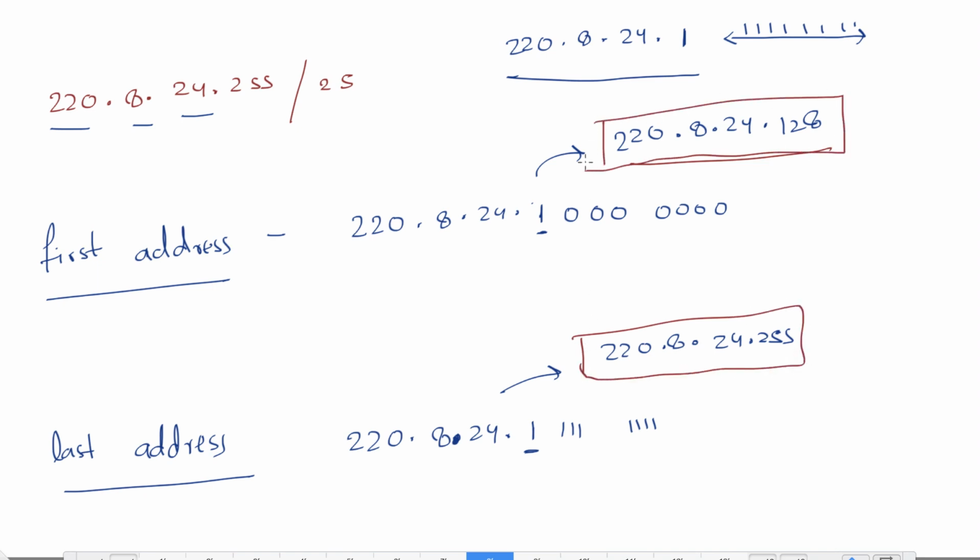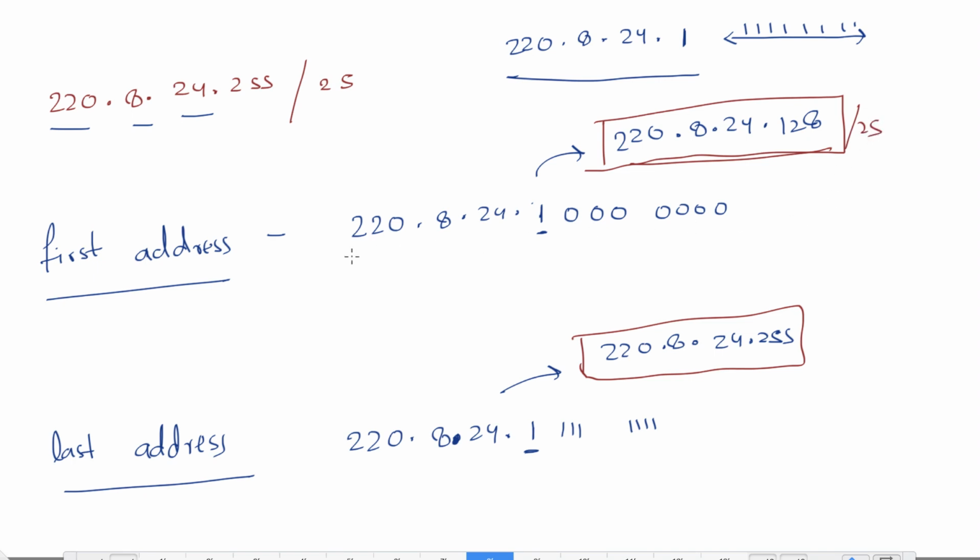Just notice one thing: whenever you are writing /25, the last few bits, which are 7 bits in this case, don't matter, because 25 bits are fixed. Either you write 220.8.24.255/25, or you write 220.8.24.128/25. This will represent the same network. Why? Because the fixed bits are the same.